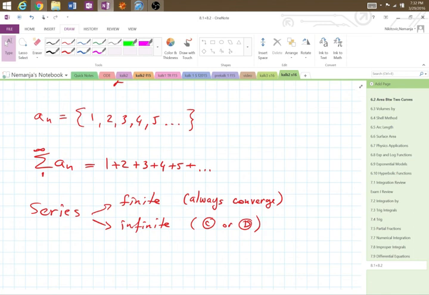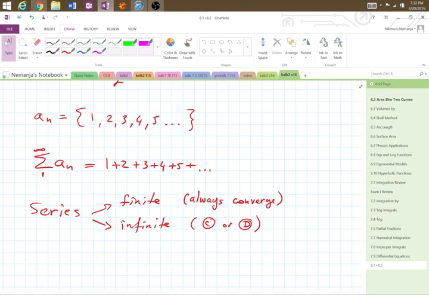Finite series always converges because you add 10 numbers and that's it. So a finite series that has a finite number of terms must converge at all times, because I don't care whether you have 5 terms or 10,000 terms, as soon as you add them, the number that you have is the sum of the sequence, which is the series, and it converged.